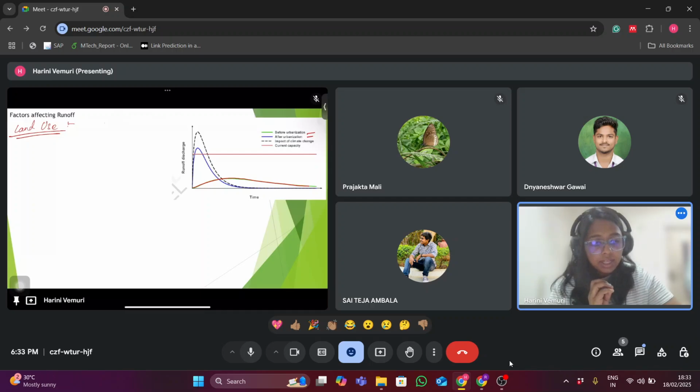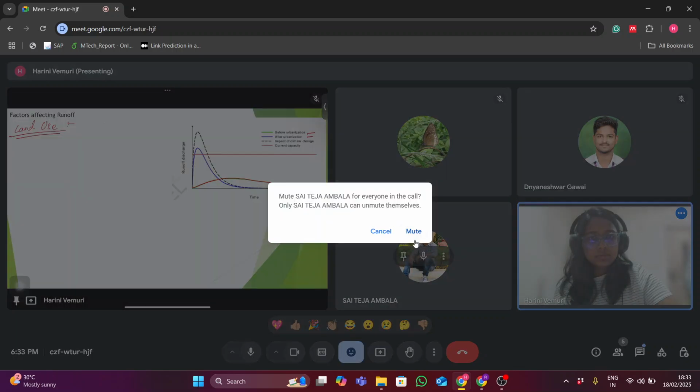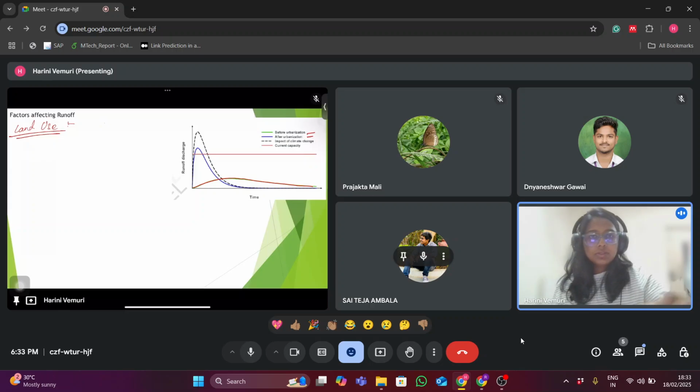But in case of urbanization, whatever rainfall is occurring is mostly converted into runoff. So we see a sudden peak that occurs within a short time interval. Suppose this is the peak, we can see this much time is taken to achieve the peak.